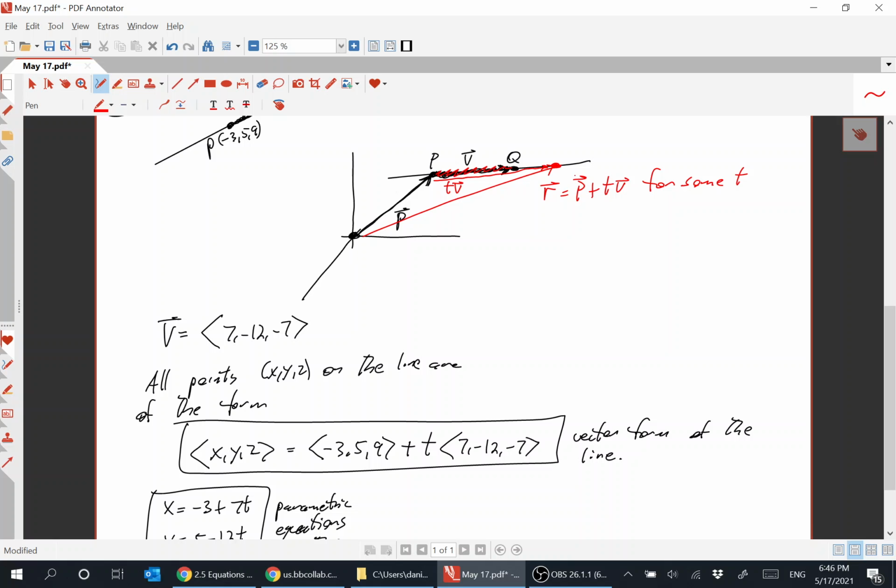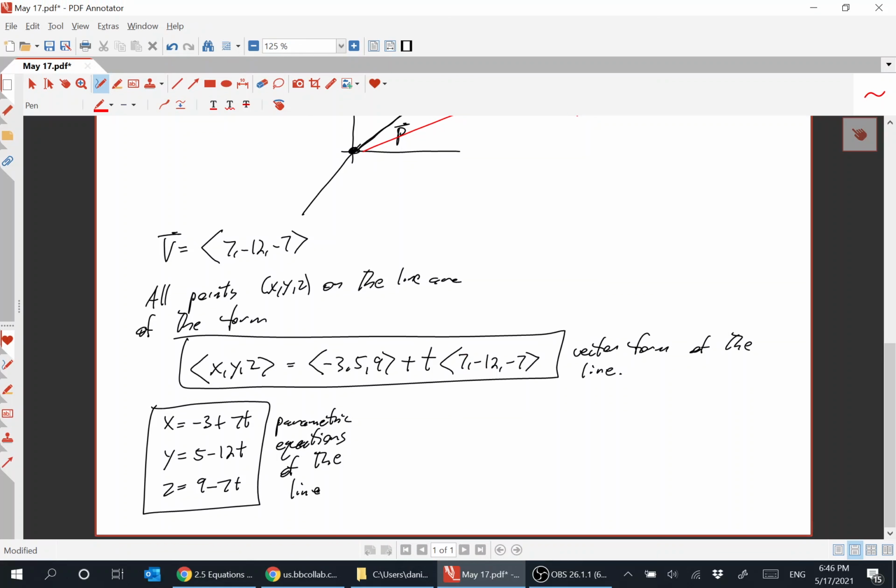In the picture I drew here, the value of T used is greater than 1, and if you want points over here, these would be values of T that are negative. So it'd be 0 through 1? 0 to 1, exactly, yeah.